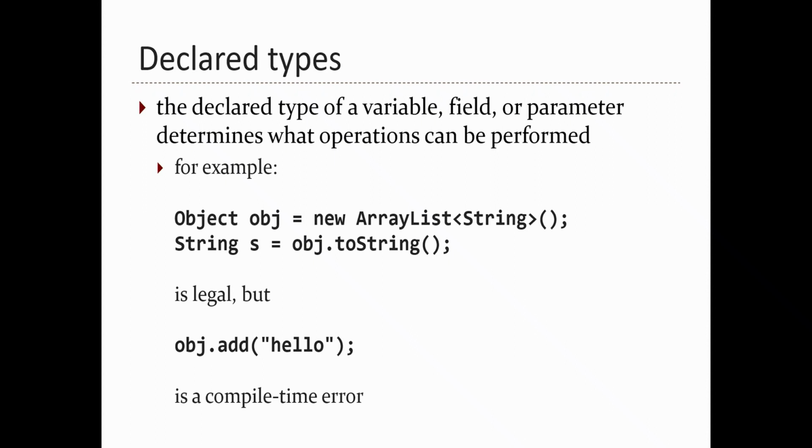So the declared type determines what you can use that name for. If I declare obj to be a big O Object, I can only use obj as though it were a big O Object. I can't use it as an ArrayList, even though it really does refer to an ArrayList.